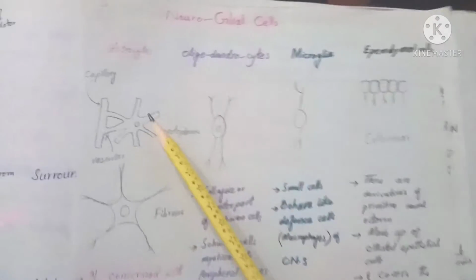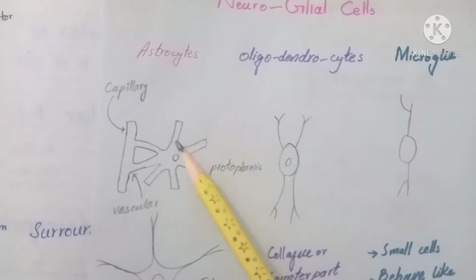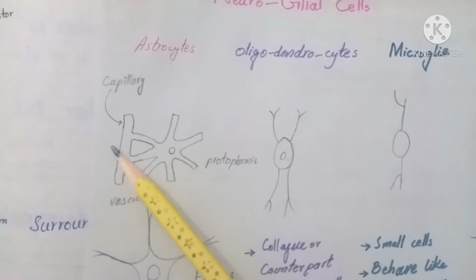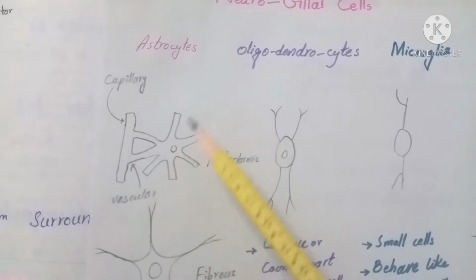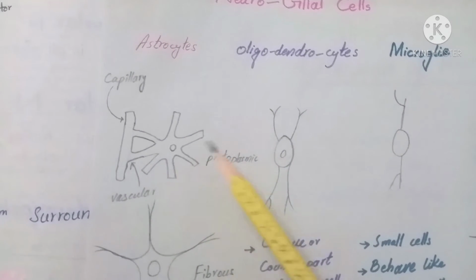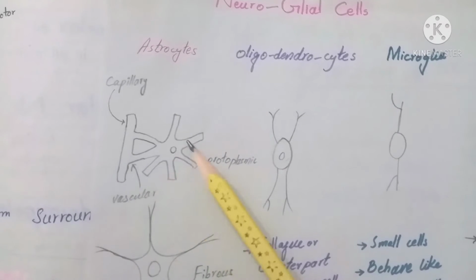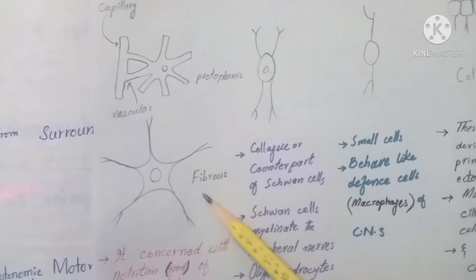So you can see this is astrocytes, formed like a star, and this is a capillary, and these are its branches. In the center is the protoplasm and a nucleus, and maybe fibers.